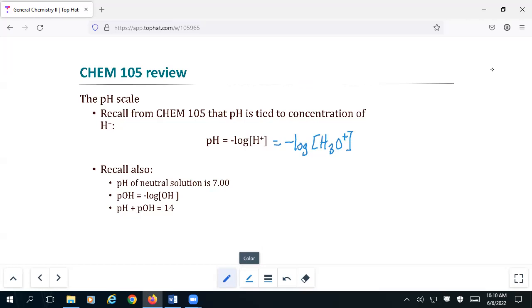And that concentration is used on a logarithmic scale. So when we think of the pH scale, we think of this scale between 0 and 14.